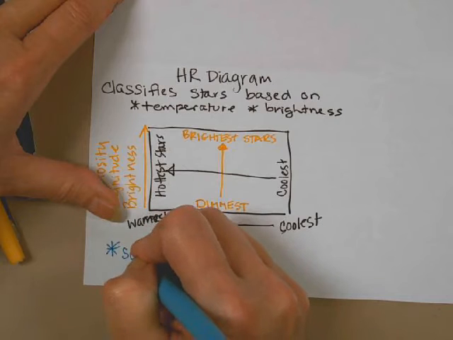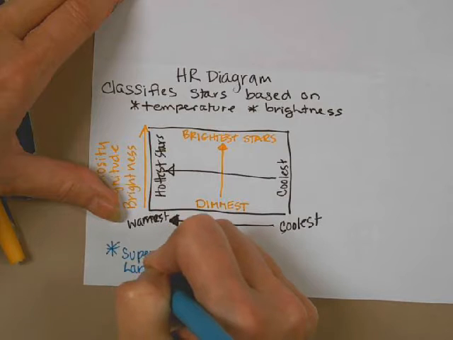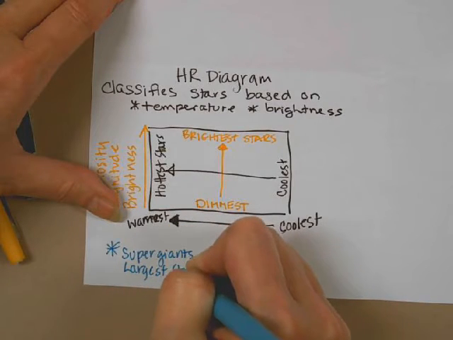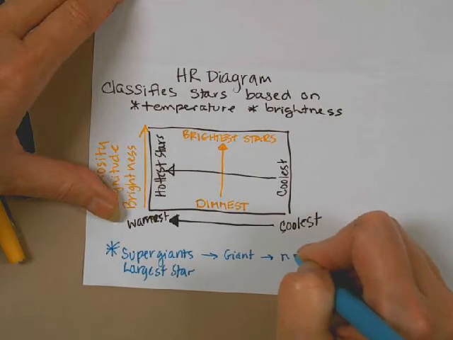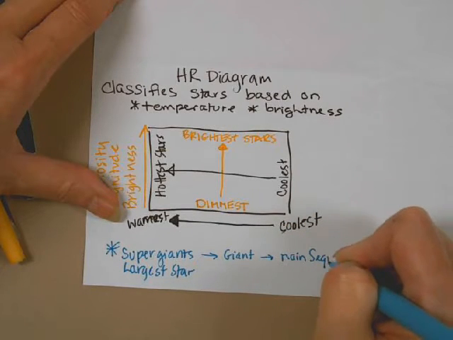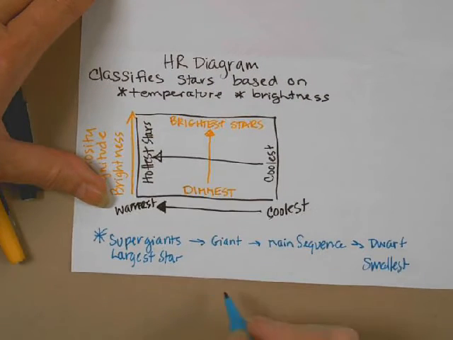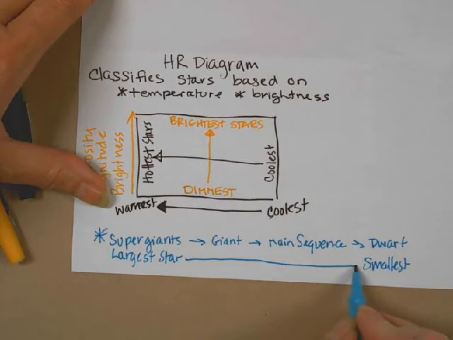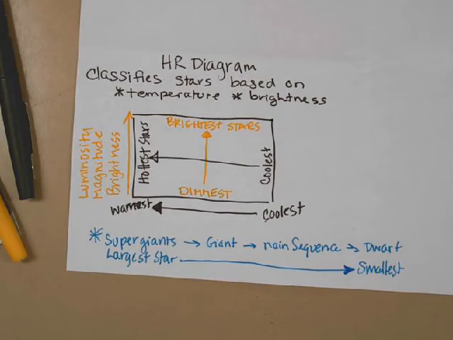A supergiant star is the largest, and then it goes to giant, to main sequence, and then to dwarf, white dwarf, and they are the smallest. So it indicates size. It also kind of indicates where stars are in their life cycle, because supergiants and giants are dying stars, and dwarfs are almost totally dead. So there you go.